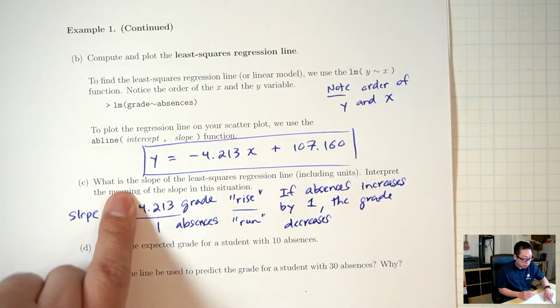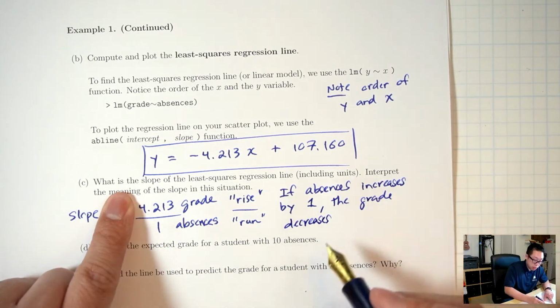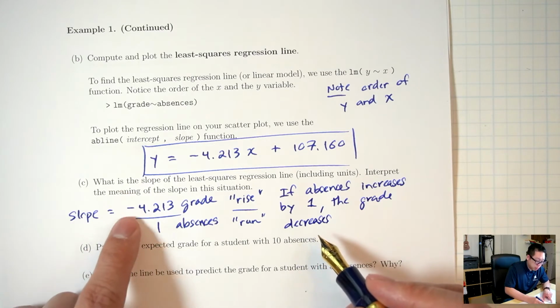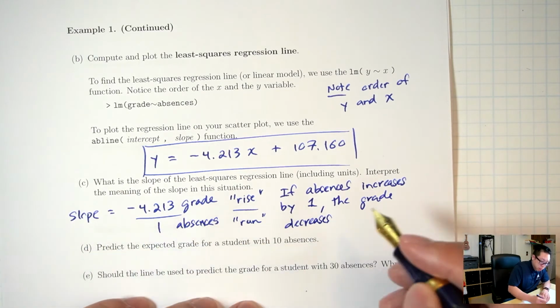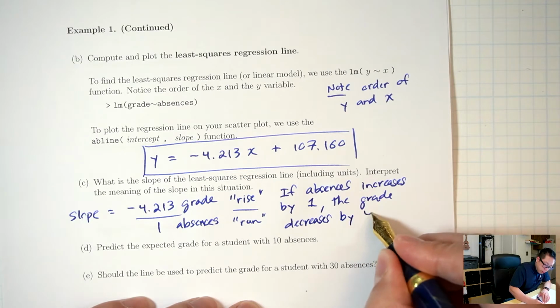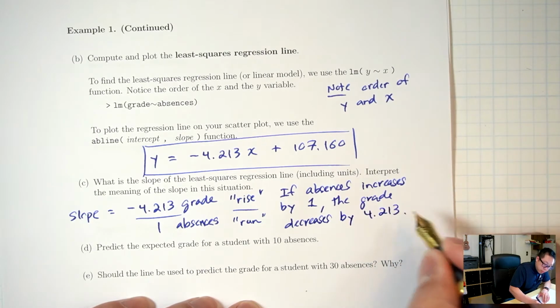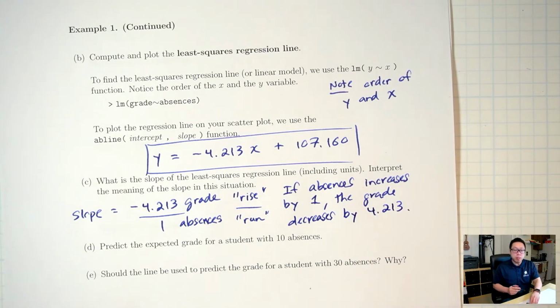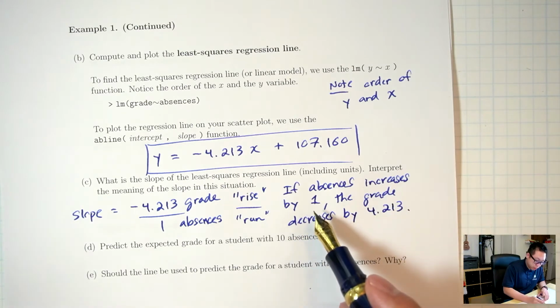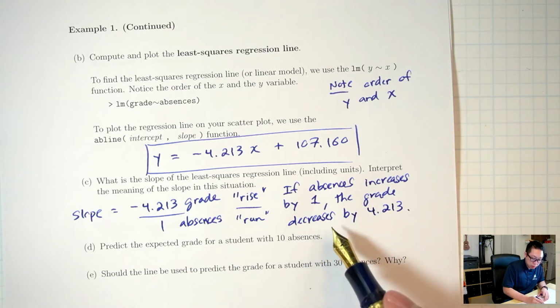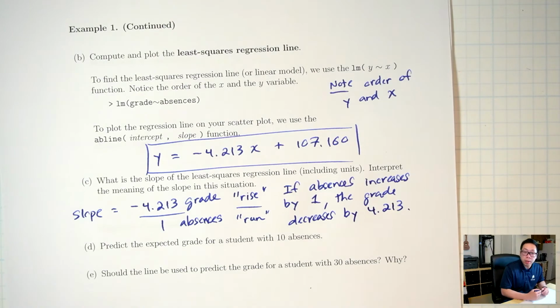If that negative wasn't there, and that was a positive 4.213, you would say increases. But because it's negative, it's going to be decreases by 4.213. So what the slope is telling us is that if the absences go up by 1, the grade goes down or decreases by 4.213.